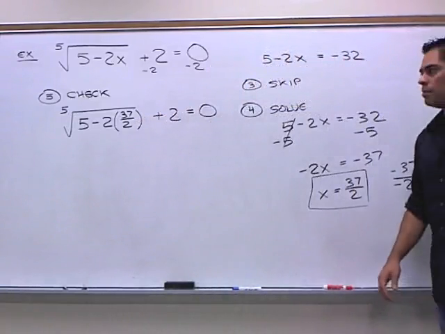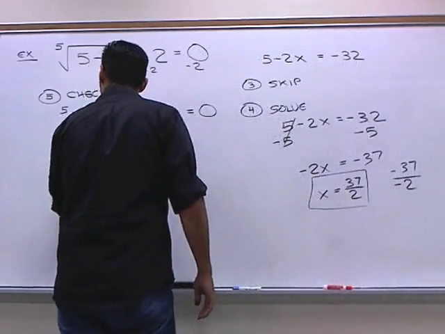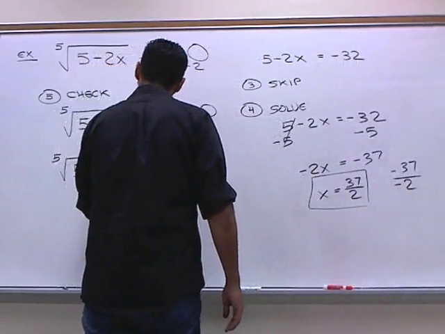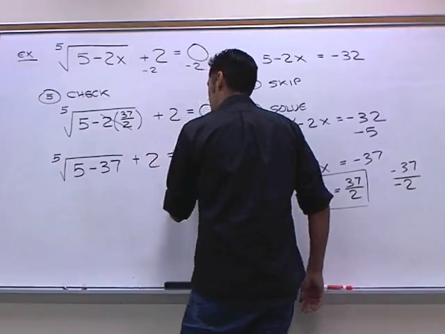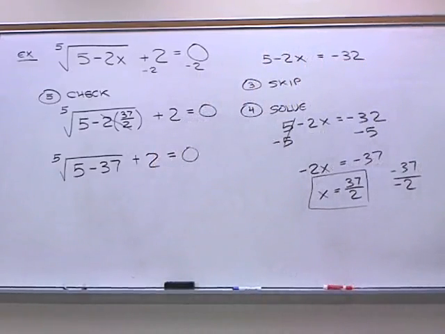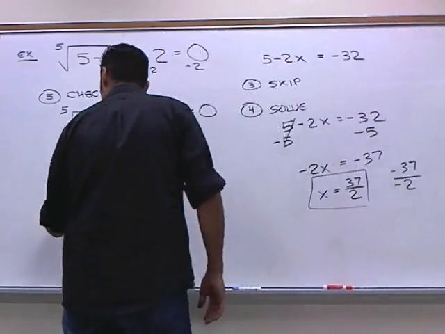Those 2's cancel, just like the 3's did in the previous problem. I have the fifth root of 5 minus 37. That's okay. 5 minus 37 is -32, right? -32.